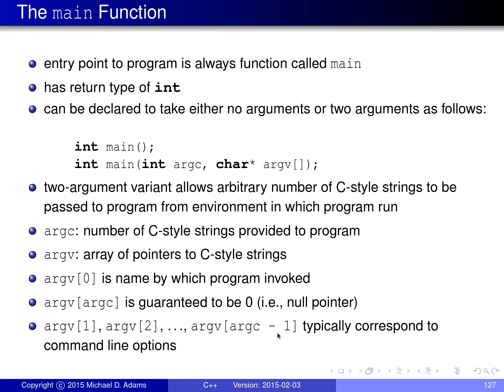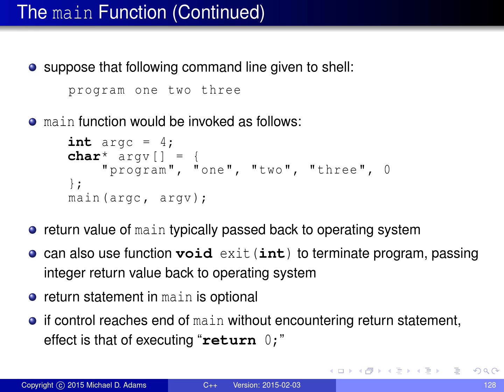At this point, it's worthwhile to give a simple example illustrating how the two-parameter variant of the main function might work in a particular operating system environment. So suppose in whatever operating system environment you're using, you have some kind of command shell, and you have a C++ program, and the executable file that contains the program is called program, rather unimaginatively. And suppose you're trying to run this program with 3 strings as parameters, so 1, 2, and 3.